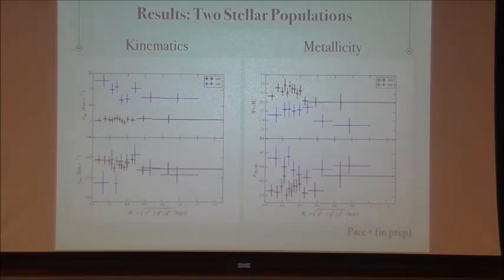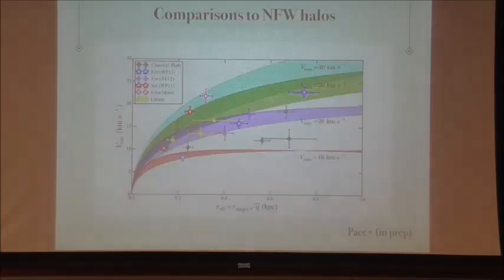Okay, so now how do these populations compare to NFW halos? This is the big summary plot. This is circular velocity versus half-light radius. First we want to look at Ursa Minor. Ursa Minor here is in magenta. So there's two components. And what you want to do here is say, can we fit both of these components in the same NFW halo?